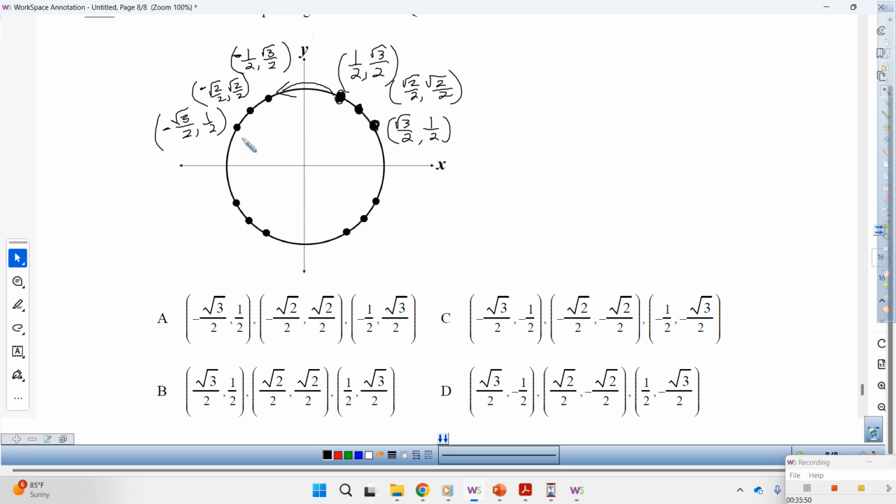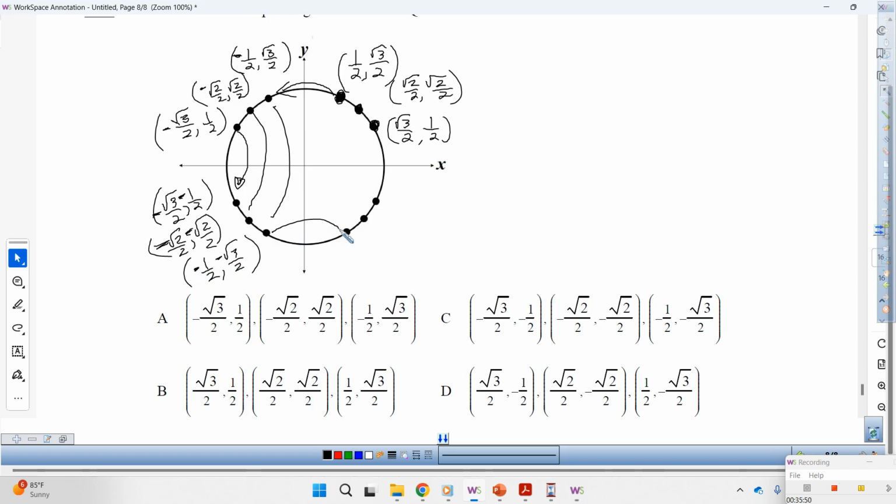From there, I'm going to do a mirror image going out this way. So this is square root 3 over 2, 1/2, but now the x and the y are both negative. Square root 2 over 2, square root 2 over 2, both negative. 1/2, square root 3 over 2, both negative.